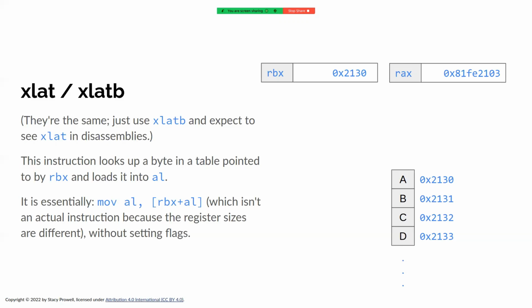So the next time you see that error message, you'll know what's going wrong. So in this case, it won't work because this is a 64-bit register, but this is 8 bits, and so it won't let you do this. It'll complain. But this is effectively what it does. And let's see how it does it. So here's my RBX here. Here's my RAX over here.